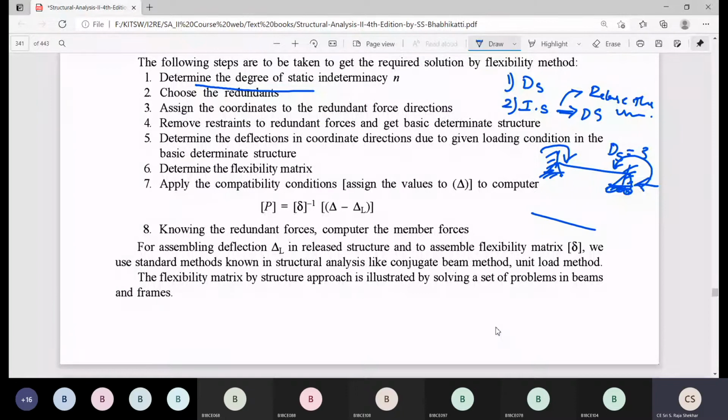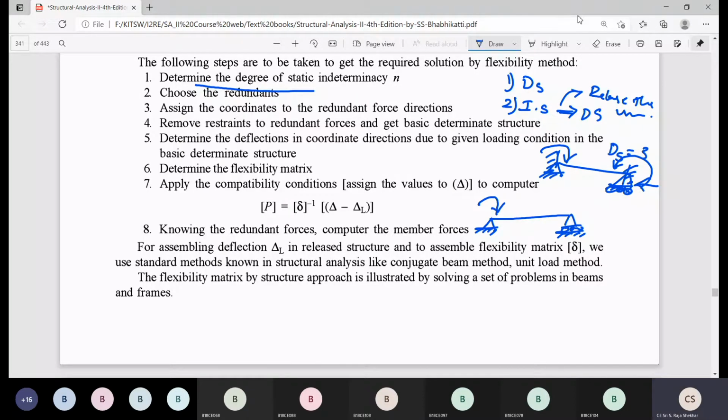I will just erase this one. Here I am drawing the fixed beam as a hinged support and a roller support, with an applied moment which is equal to the fixed moment.